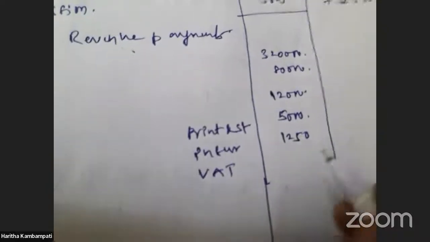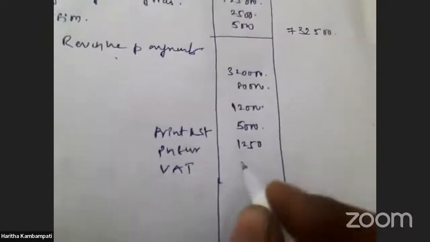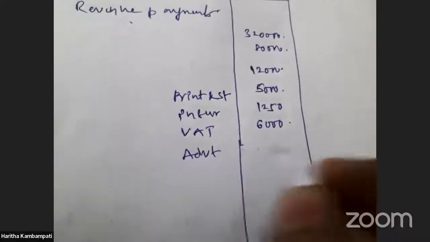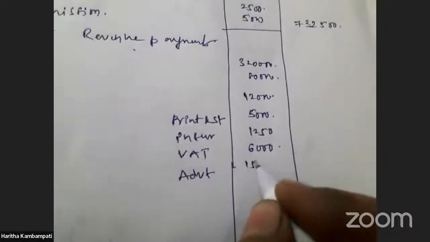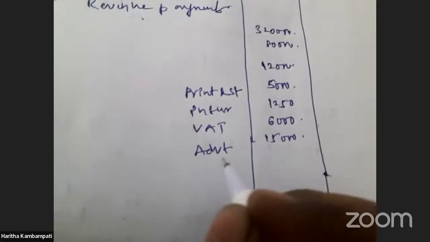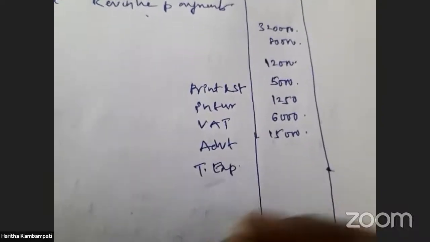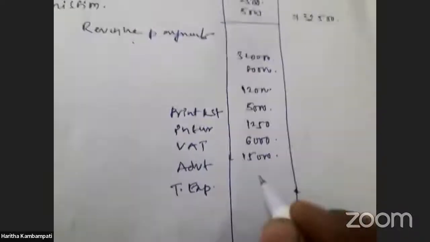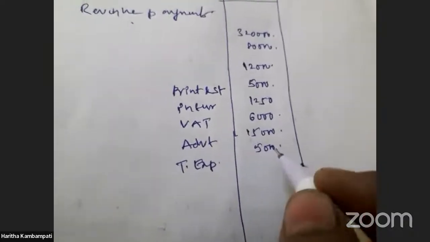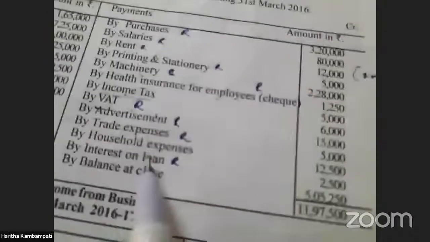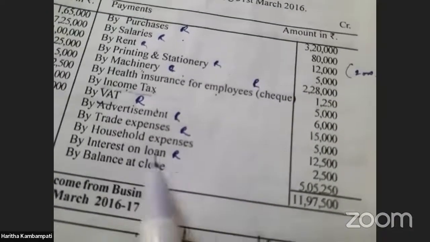Next item is VAT. That is 6,000. Advertisement. Undoubtedly, this advertisement is promotional expenditure for the sake of business. Trade expenses, clearly mentioned as trade. Household expenses we should not take. Interest on loan is a revenue payment.